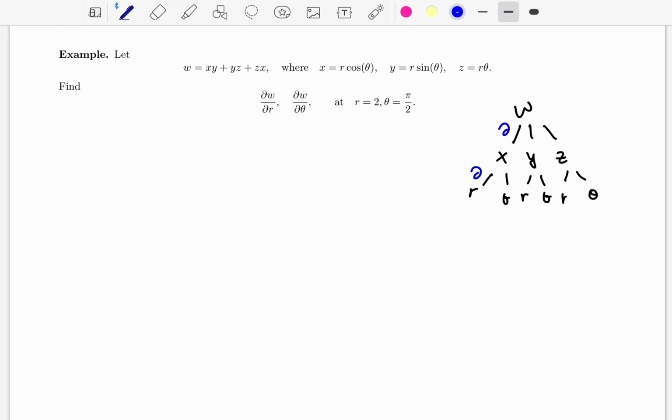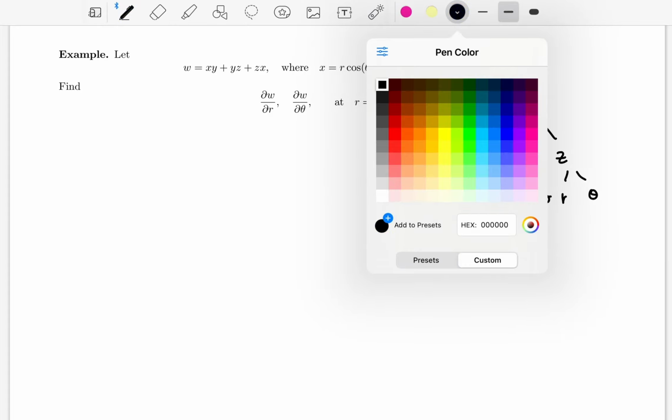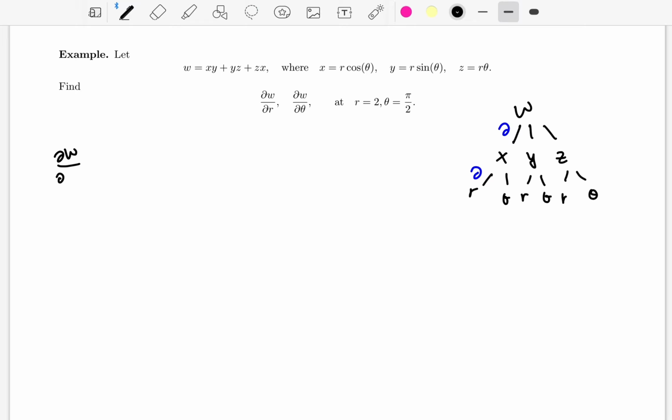Okay, so let's find dw/dr first. For dw/dr, I have to get to r through all the possible branches. So it'll be dw/dx dx/dr plus dw/dy dy/dr plus dw/dz dz/dr.